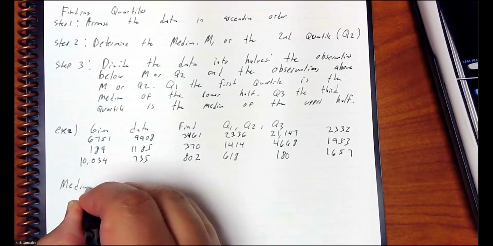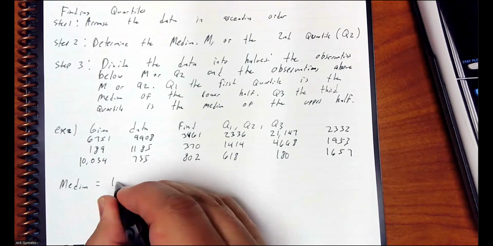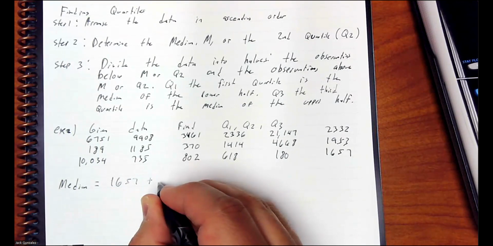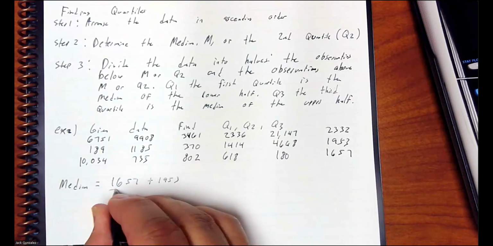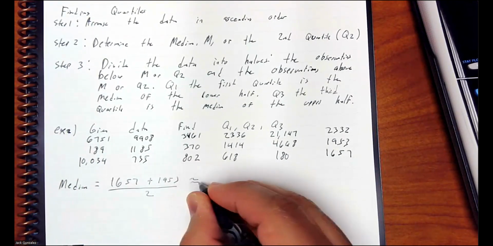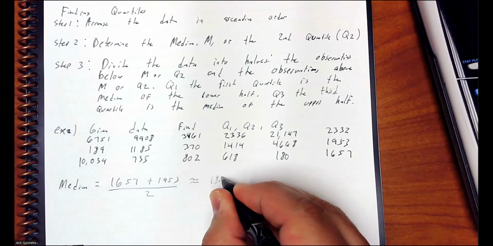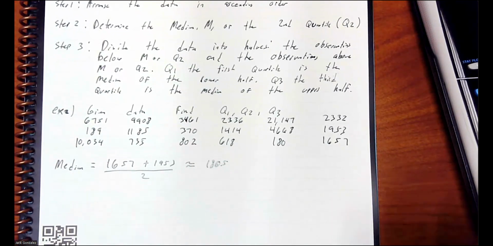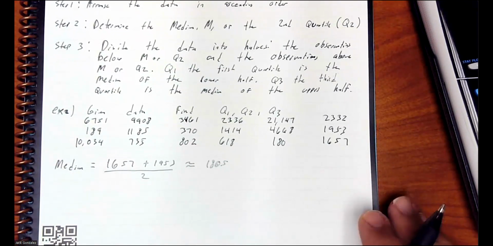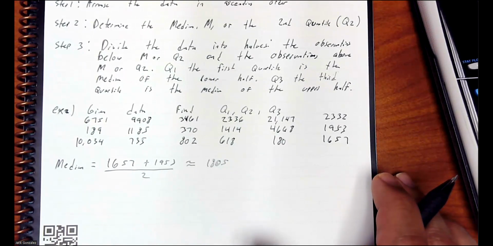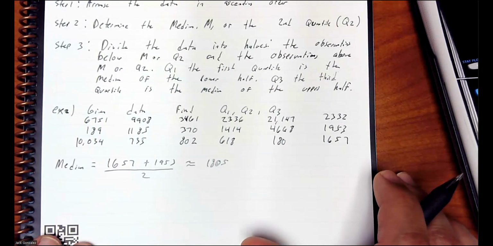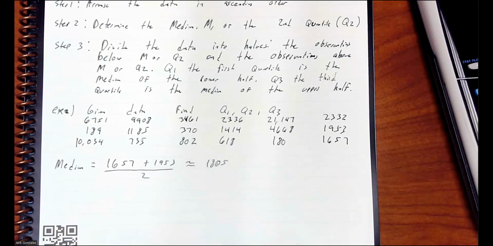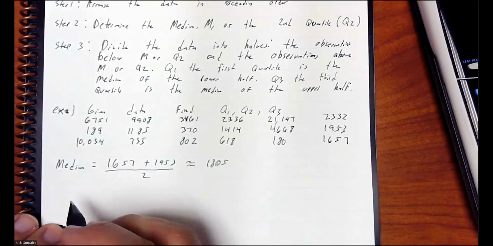Median is equal to, if you were to do this by hand, 1657 plus 1953 divided by 2. So that's where the 1805 came from that Excel gave us. But I use Excel because the sorting is awesome. I don't want to sort by hand. Now that we have that, the bottom half is going to be everything below 1805, including 1657.